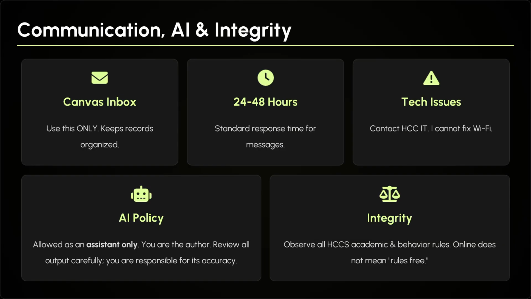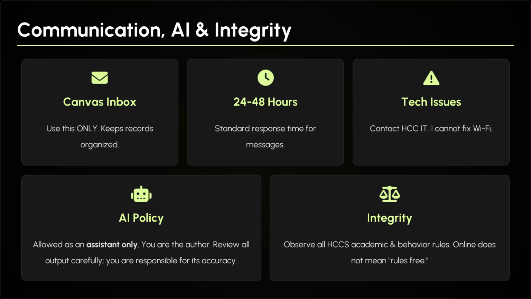For communication purposes, please use the Canvas inbox only. It keeps our records organized. I respond within 24 hours, 48 hours at most. If you have technical issues with Canvas, contact HCC IT immediately. I cannot fix your Wi-Fi or password.